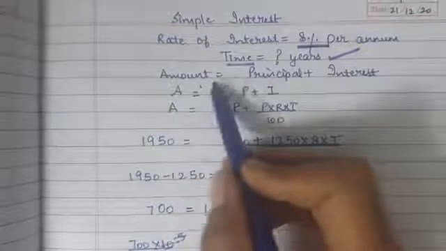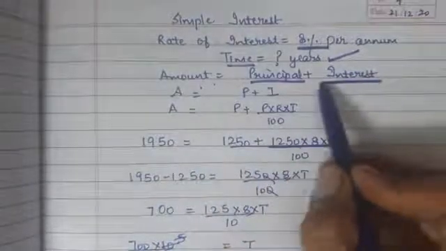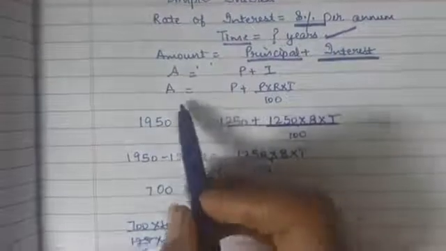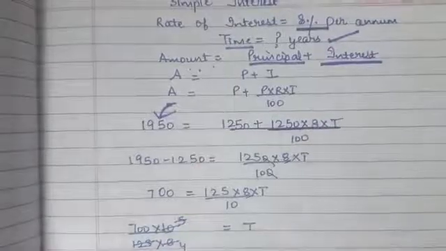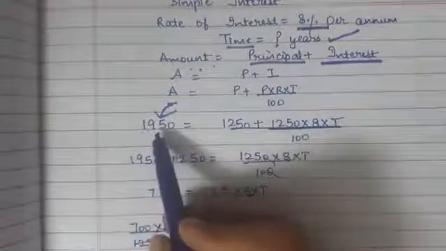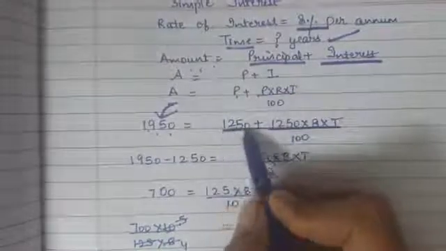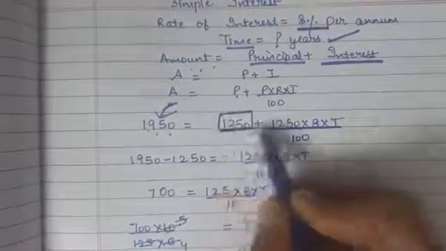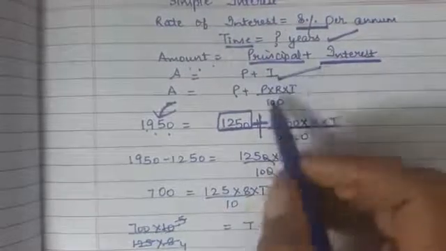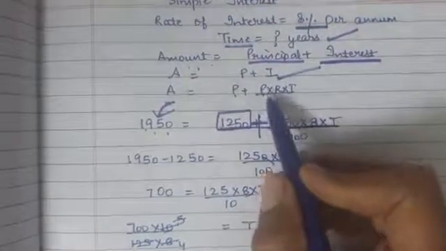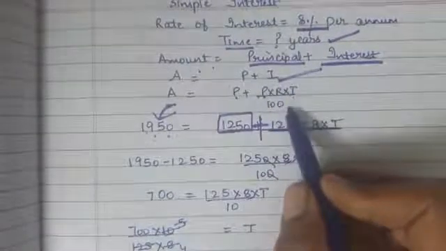Amount, that is equal to principal plus interest. Fine. Now amount that is given to you, 1950. Principal that is given to you, 1250, plus interest formula is principal multiply rate of interest multiply time upon 100.